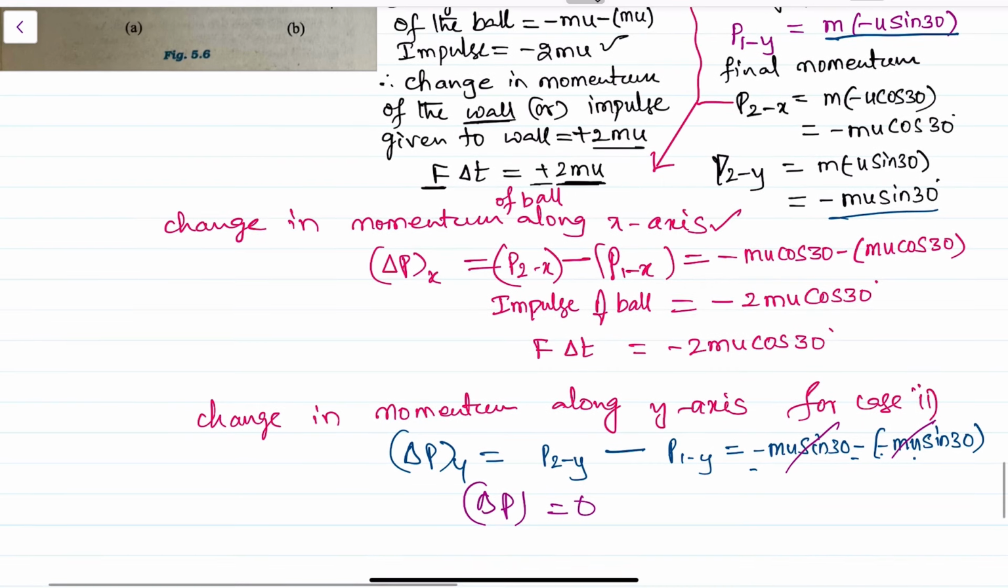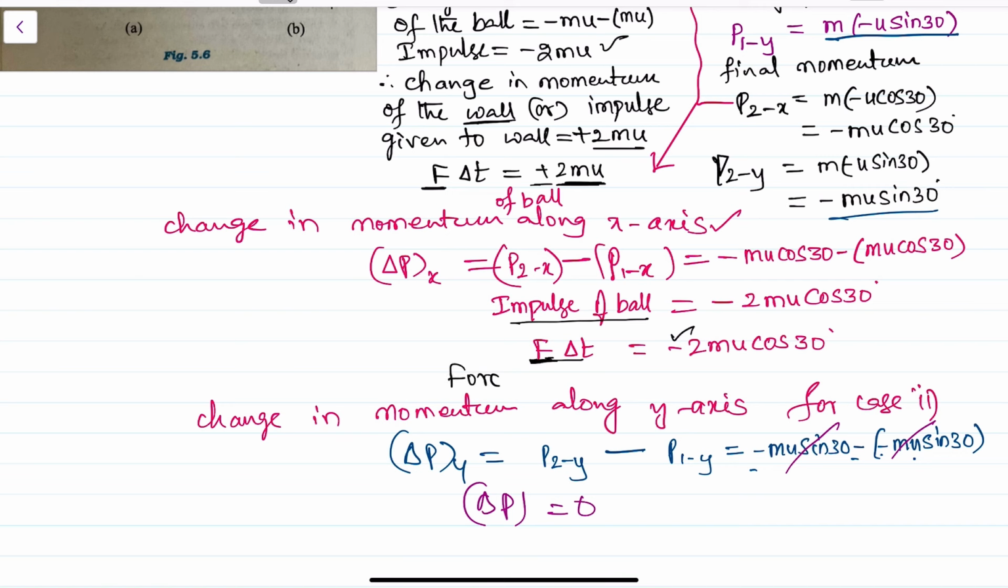So here what I am concluding is that the impulse of the ball is equal to minus 2 mu cos 30. Impulse is F delta t. The force on the ball is along the negative x-axis.